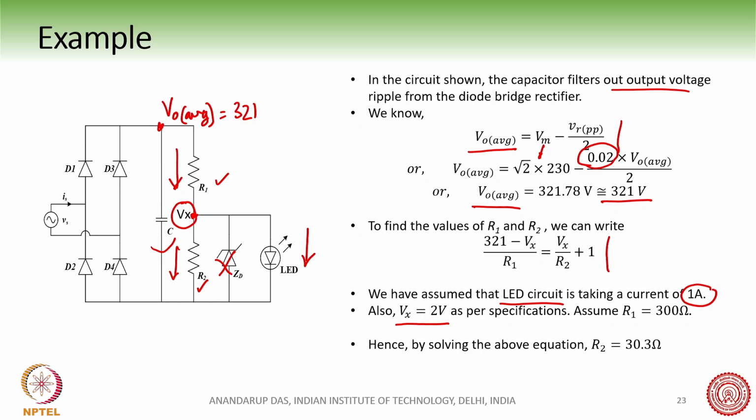If we now assume that R1 is equal to 300 ohm, we have just made an assumption, and put this R1 into this equation, we get a value of R2 equal to 30.3 ohms. So we get the values of R1 and R2. Some other values are also possible, but we have to satisfy this equation.